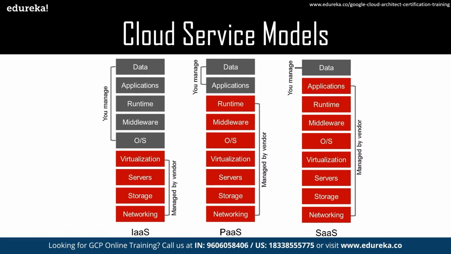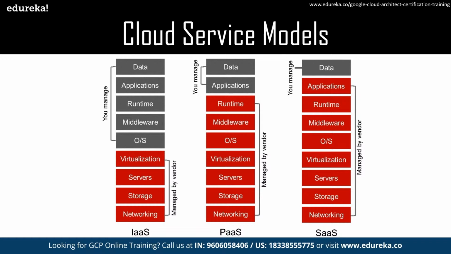So what certain customers might want is for their vendors to take care of these things, and in turn they say, I want to control what kind of operating system I want to run on top of my hardware, right? Similarly, what middleware I want to use through which my OS can communicate with my applications. And then I can create my own applications there, put my data there and start running my business, right?